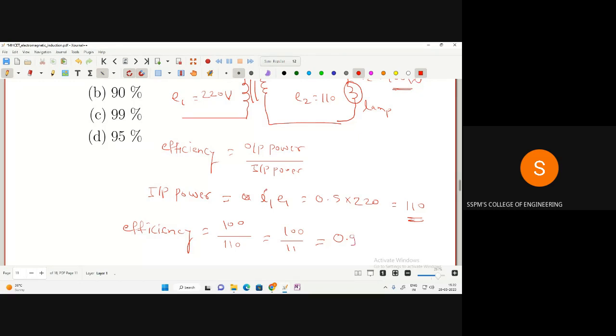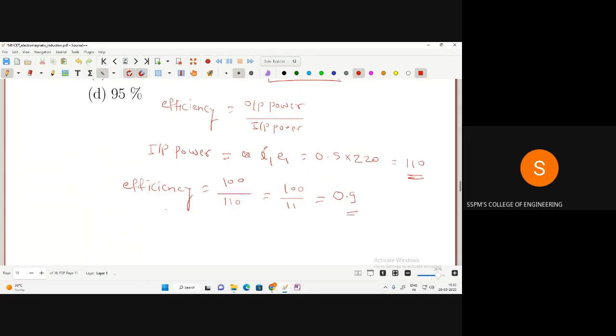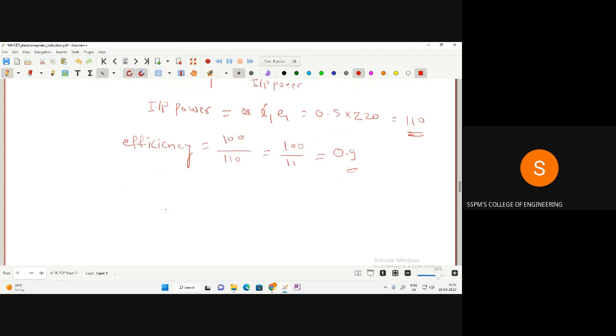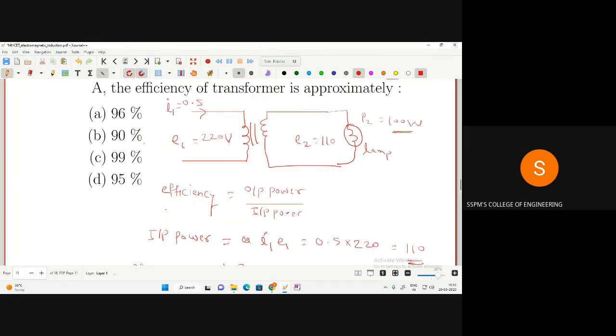It comes to 0.9. Efficiency is 0.9, but we require percentage efficiency. You multiply with 100. The percentage efficiency can be determined by multiplying with 100. 0.9 into 100 is equal to 90%. Efficiency is 90%. So option B is the correct one.